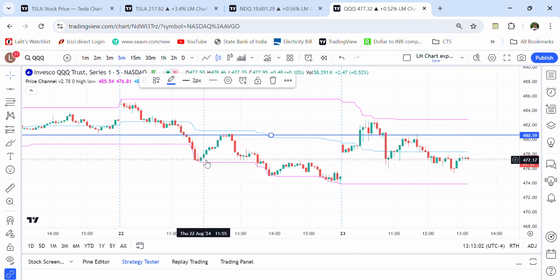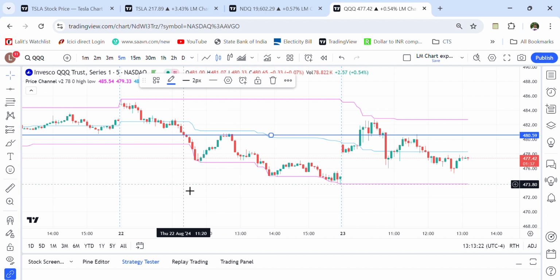Also, your stop loss is less. If you buy a put over here, it can damage your account, because you will have to keep some stop loss, and for sure your stop loss is going to hit if the price moves upward.